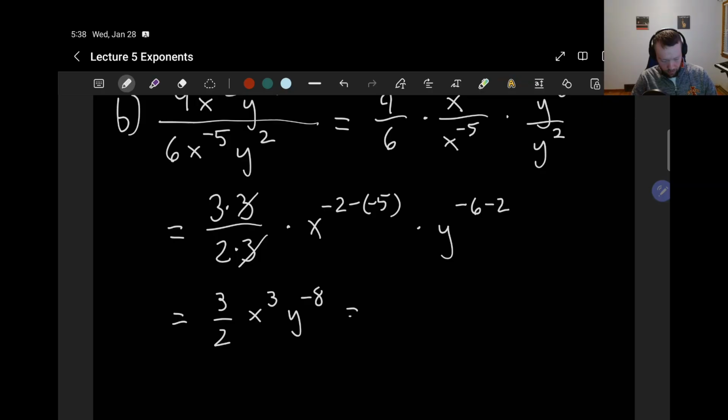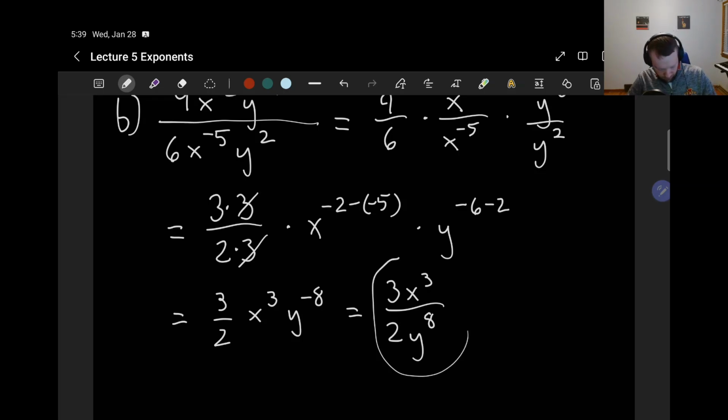I can simply move it to the denominator. Now that the y is written in the denominator, that 8 exponent is positive. Now that's nice and simplified.